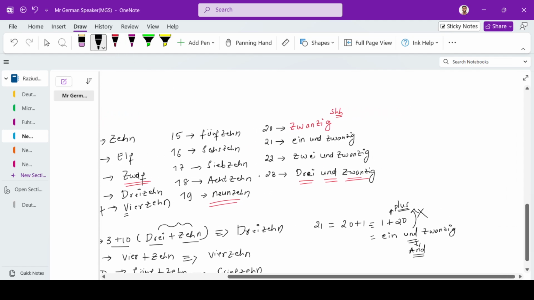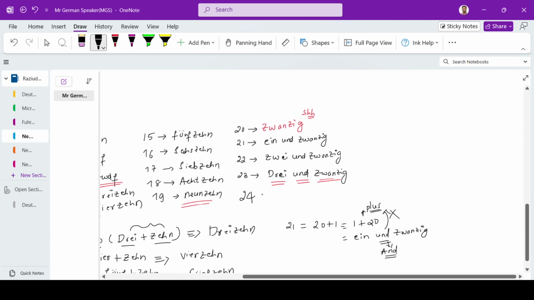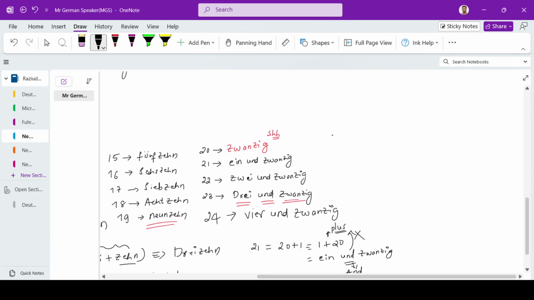So I will continue writing numbers. For 24, we write vier und zwanzig. Okay. Then we have 25. So we write fünf und zwanzig. We have 26. 6 is basically sechs und zwanzig.